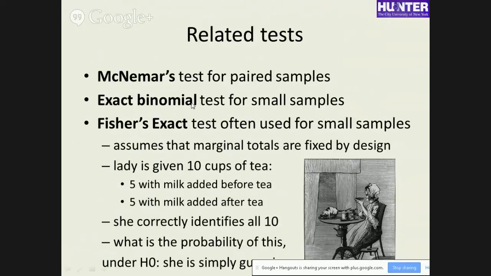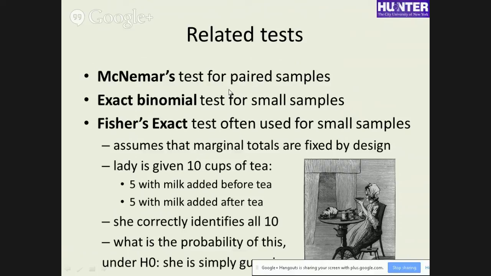Almost done here. Here's some related tests to the chi-squared test. McNemar's test is for paired samples. That would be the equivalent of the paired t-test for paired counts.